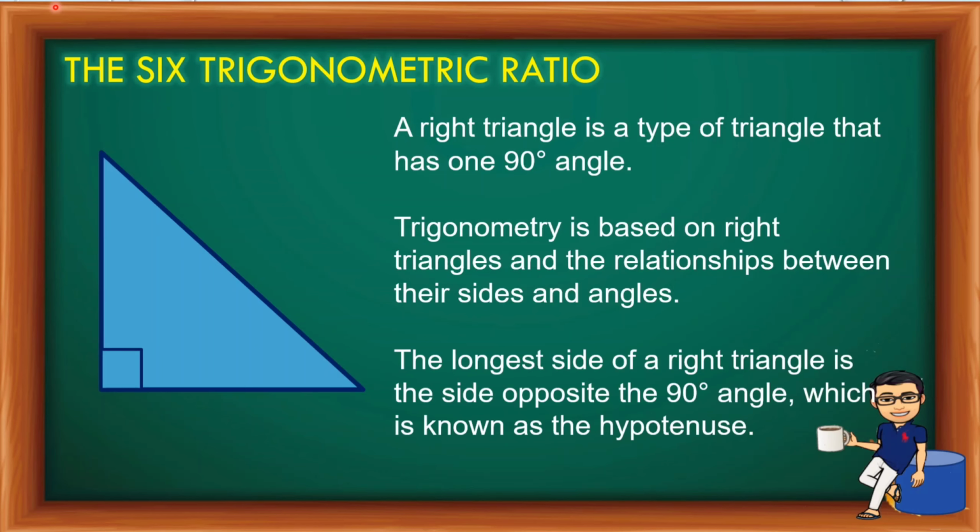Last, it is also important that we are particular that the longest side of a right triangle is the side opposite the 90 degrees angle. So kung ito ang 90 degrees angle natin, hence ito yung opposite side at yan yung longest side of a right triangle, which is known as the hypotenuse.